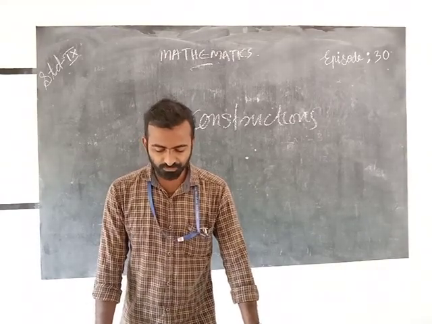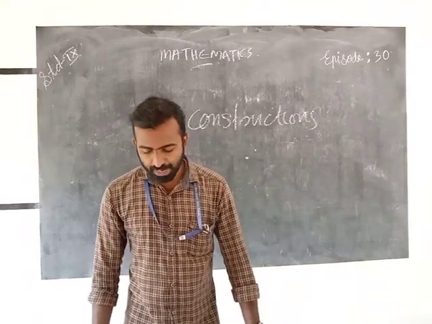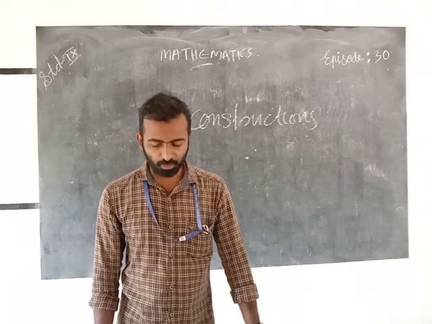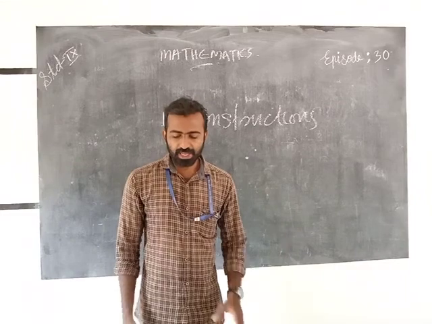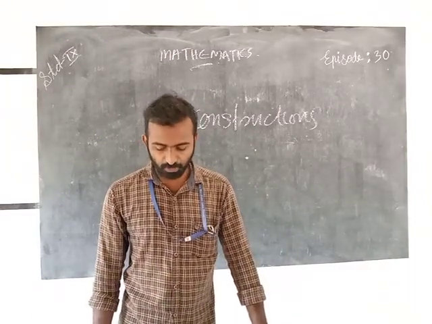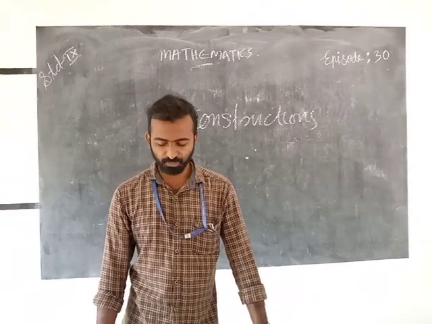In constructions where measurements are required, we may use a graduated scale and a protractor also. Here we shall consider some basic constructions which prove to be useful in constructing certain types of triangles.